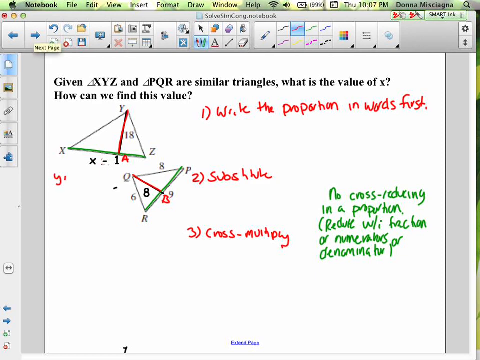So YA and QB are altitudes to the triangle of the different triangles. And so those altitudes are in proportion to the sides as well.